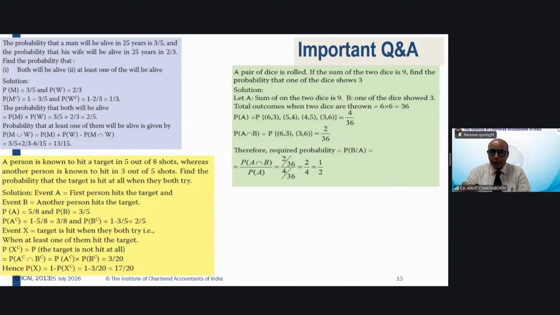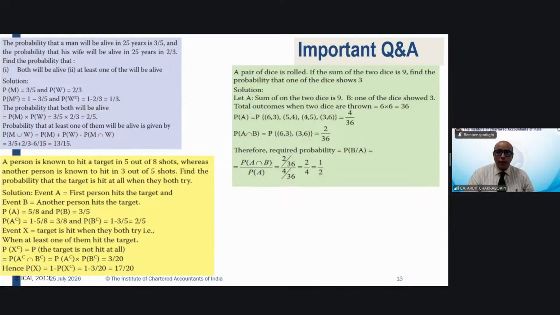But the question now says, yes, you have got 9, but one of the dice is 3. That means the other has to be 6. So the combinations are 3, 6 and 6, 3. 2 outcomes out of 36 possible outcomes. So the probability required is the conditional probability.